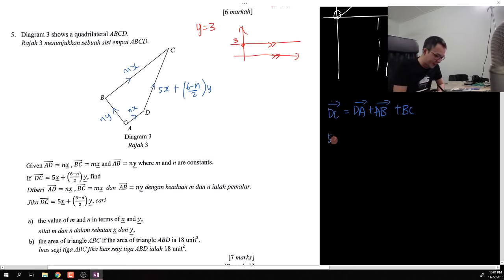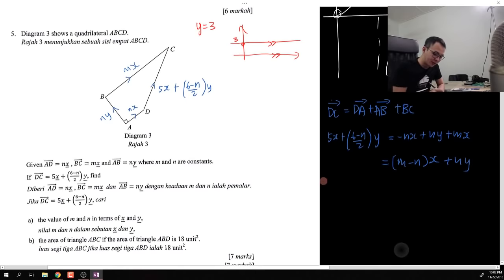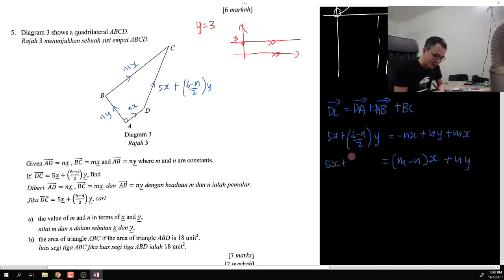DC is 5x plus (6 minus n) over 2 times y. DA will be negative nx, AB will be plus ny, plus mx. Then I will group together the x. The x terms are (m minus n)x, plus ny. So here is 5x plus (6 minus n) over 2 times y.